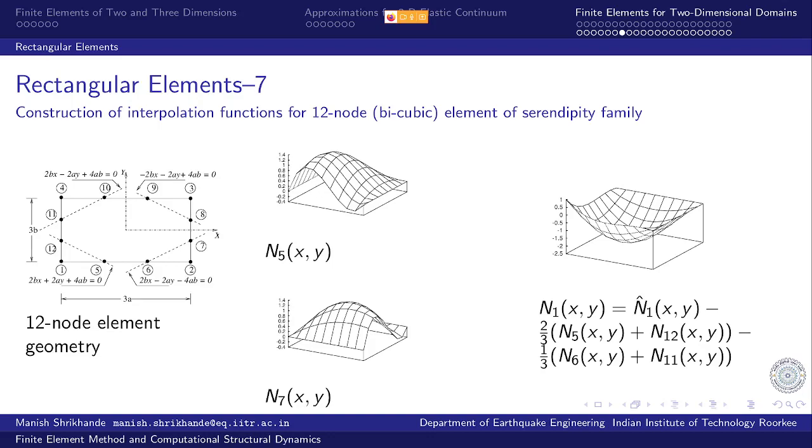So a cubic variation is generally more than enough. Normally we do not even go beyond quadratic variation. Most of the time you will be using either quadratic finite elements or just linear finite elements.